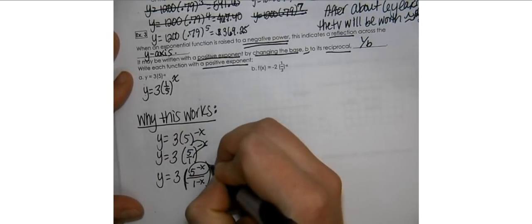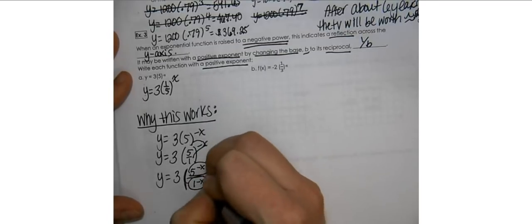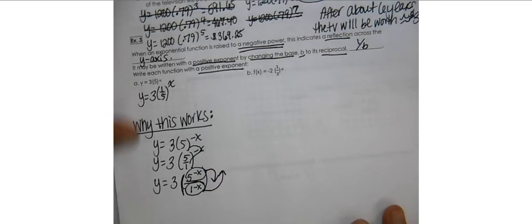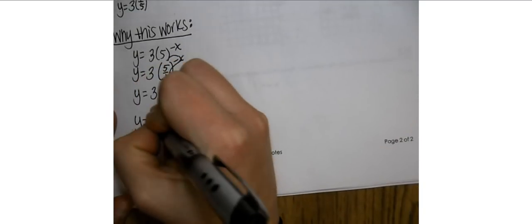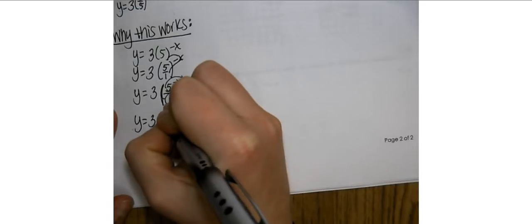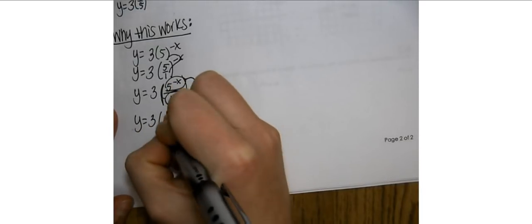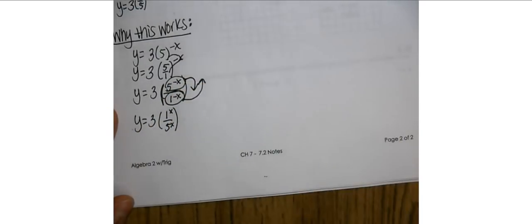And what I'm going to do is distribute that negative exponent to each term. So I'm going to write this as 3 times 5 to the negative x power divided by 1 to the negative x power. Well, anything with a negative exponent is not happy where it's at. So 5 to the negative x will come down, and 1 to the negative x will come up. What now happens is that we have y equals 3 times 1 to the positive x power divided by 5 to the positive x power.